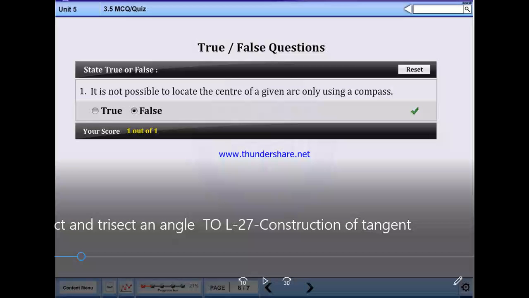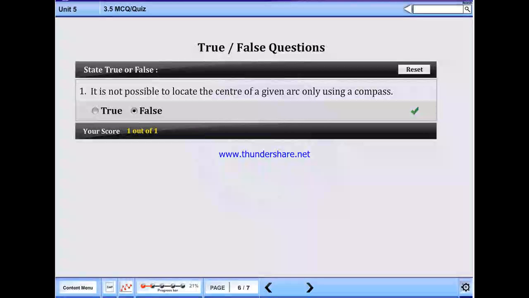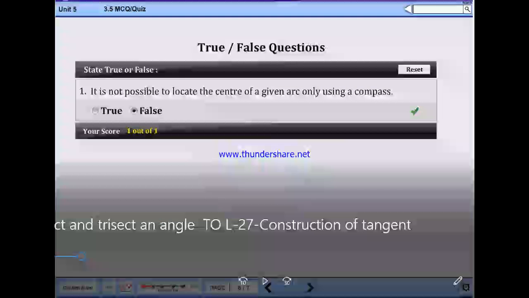Now note down a true or false question from this topic. It is not possible to locate the center of a given arc only using compass. No, it is a false statement.